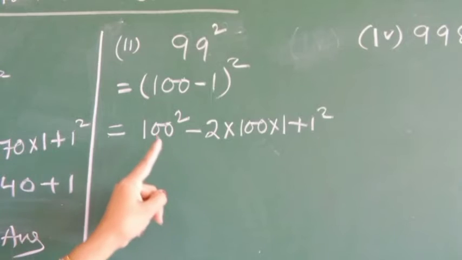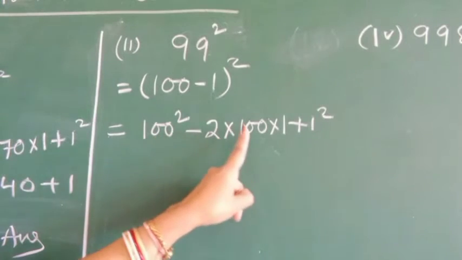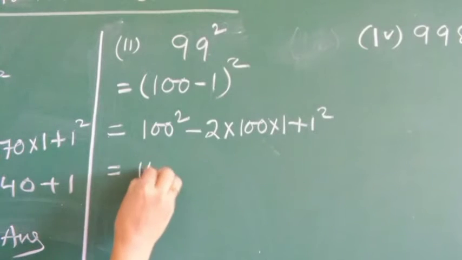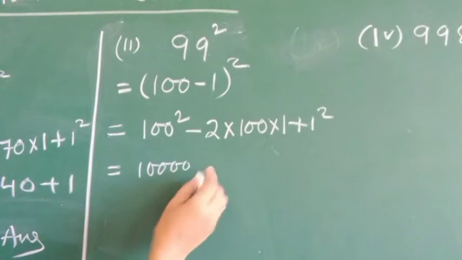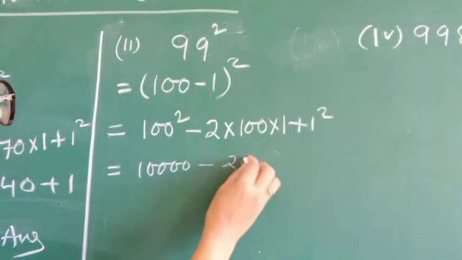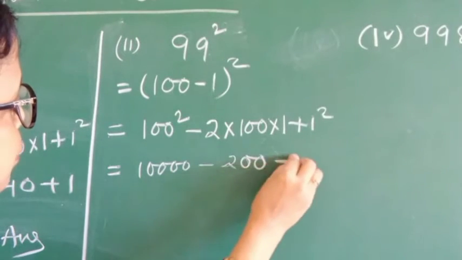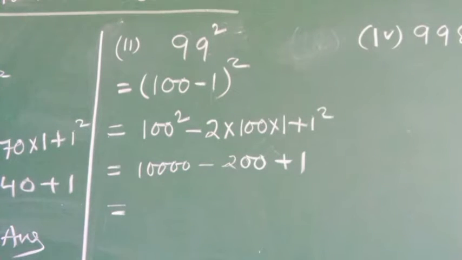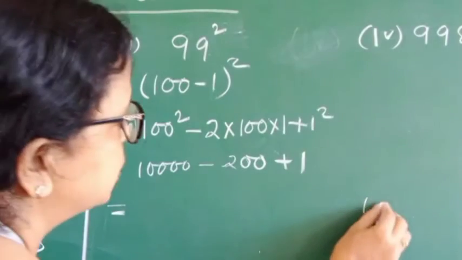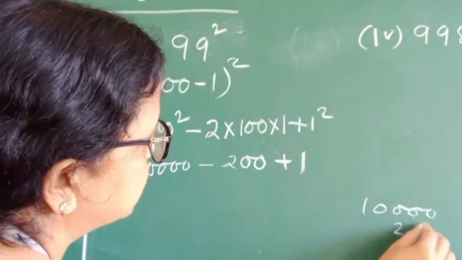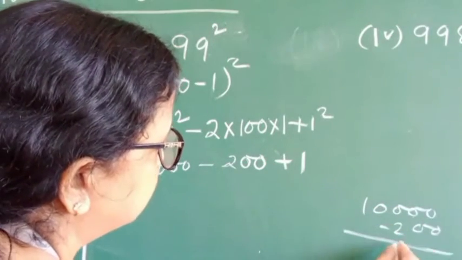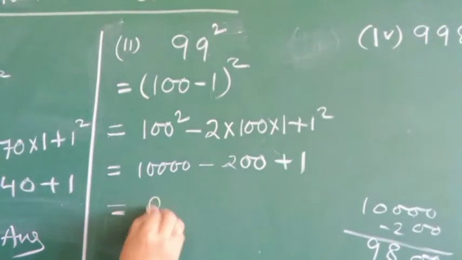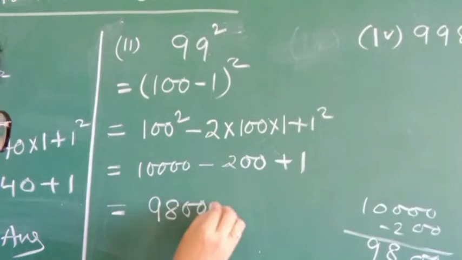According to that identity, I can write A square minus 2AB plus B square. Calculate: 100 square is 10,000, minus 200, plus 1. 10,000 minus 200 is 9800.